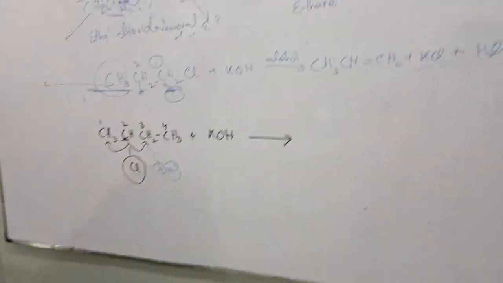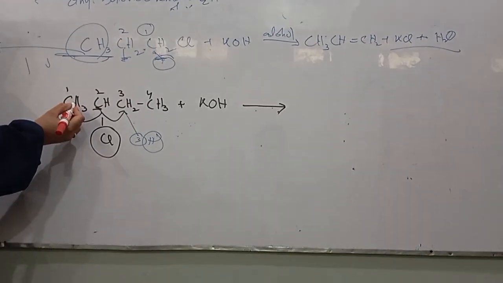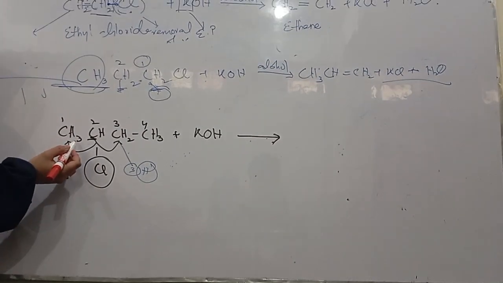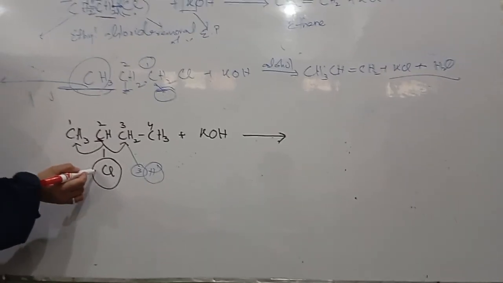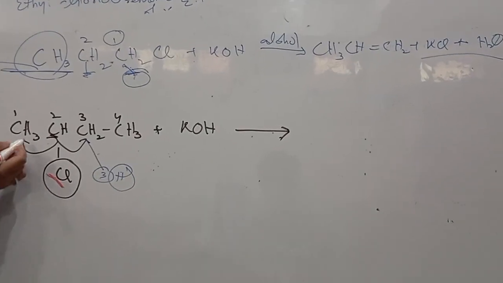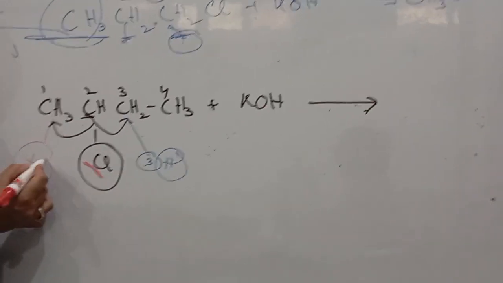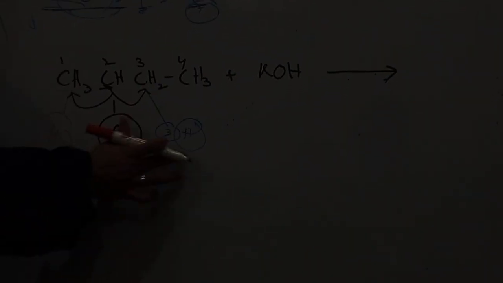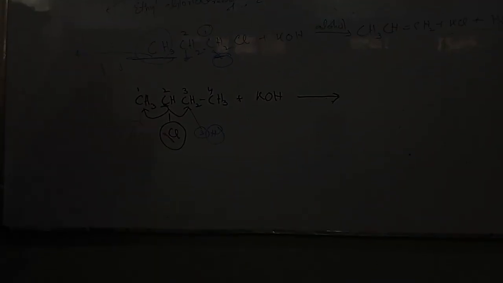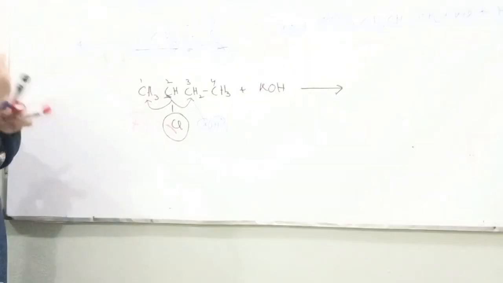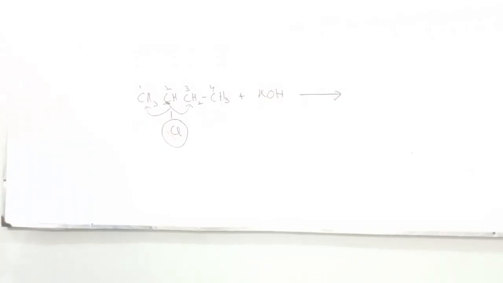So let's see how the reaction will produce. Let's see, for example, if we are removing the hydrogen from carbon number 1 and chlorine from carbon number 2, the double bond would form between carbon number 1 and 2.